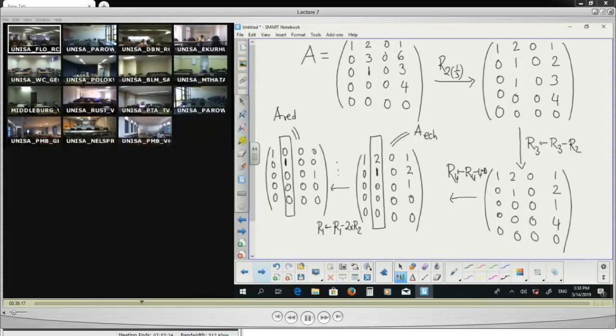Yes, sir. And then, for the fourth column, you have to replace R1 again by R1 plus 3 times R3, and likewise for R2.